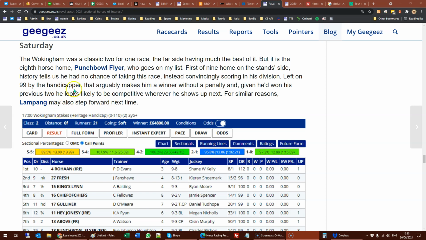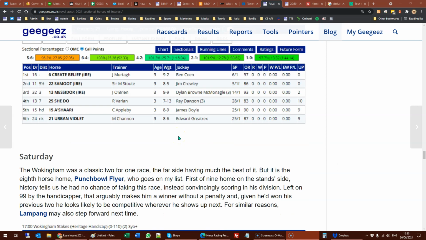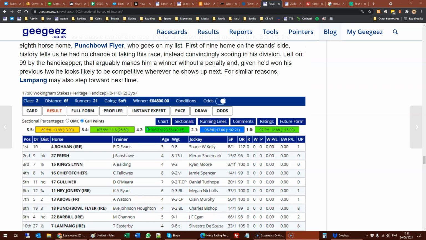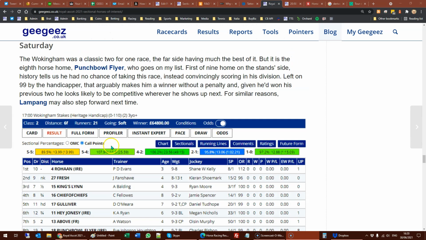The first horse that I want to reference relates to the upgrade figures, and it's a horse called Punch Bowl Flyer. Now, I wrote an article called Sectional Horses of Interest from Royal Ascot a couple of weeks ago, and Punch Bowl Flyer was one of the horses I flagged for a couple of reasons.